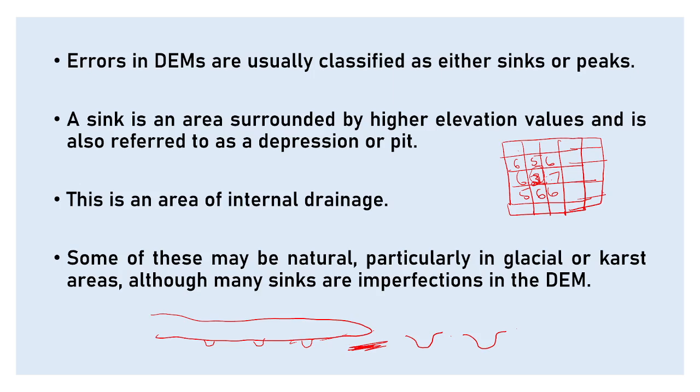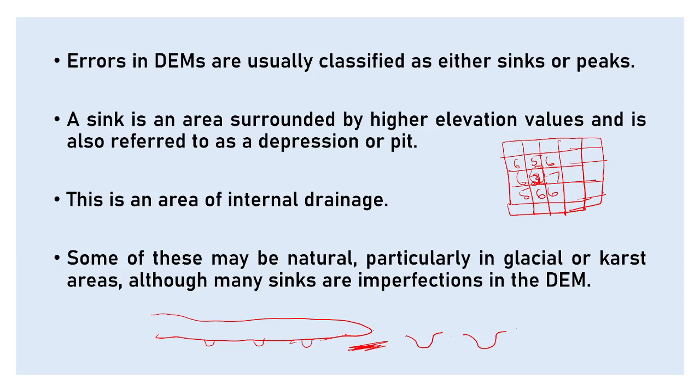And even in karst topography, karst areas are where you have a lot of limestone features. It's a limestone terrain, and because limestone can be subjected to considerable erosion by exposure to precipitation, in such regions also you can have natural sinks.